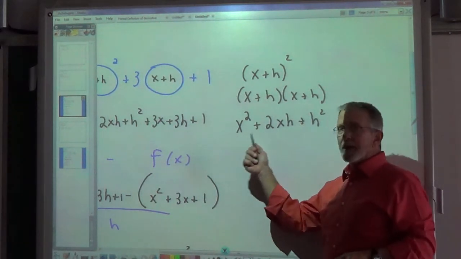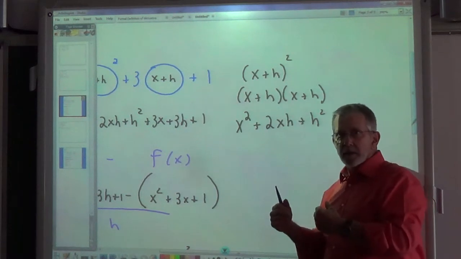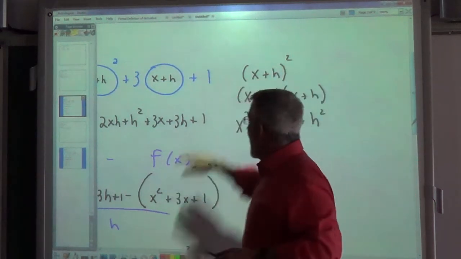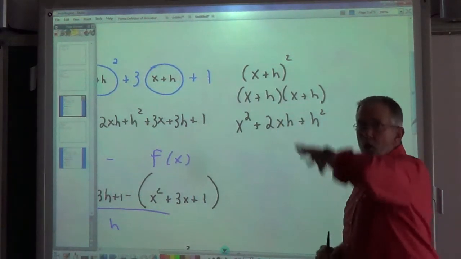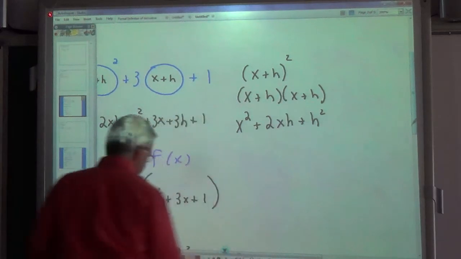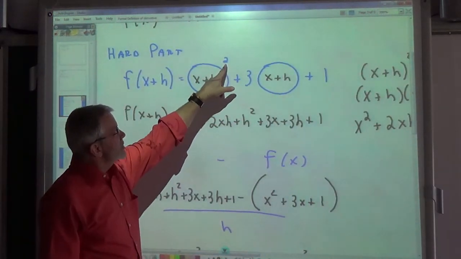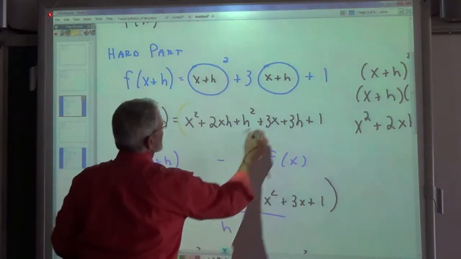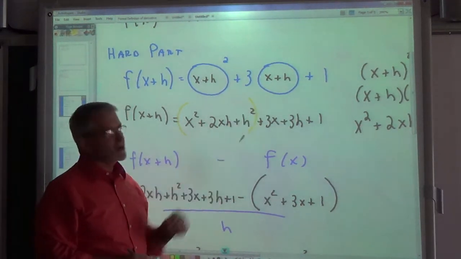You get x squared plus 2xh plus h squared. So this is something we're going to use quite often. x plus h squared equals x squared plus 2xh plus h squared. We're going to put that in over here. Ladies and gentlemen, boys and girls, so that's what x plus h squared is. This guy right here: x squared plus 2xh plus h squared.